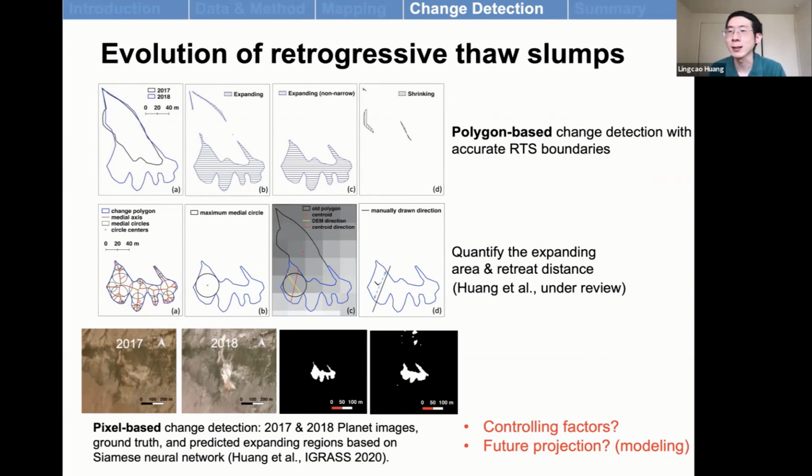Yeah, so I didn't have InSAR results for mapping, but there is also a lot of work using InSAR to monitor permafrost health. I think Kevin can give some examples.